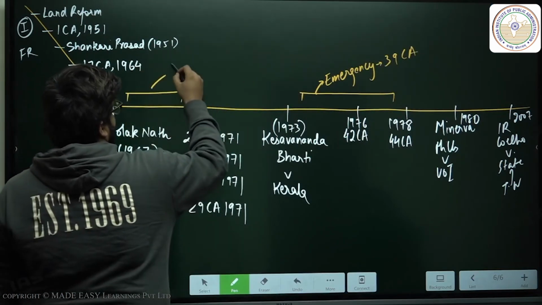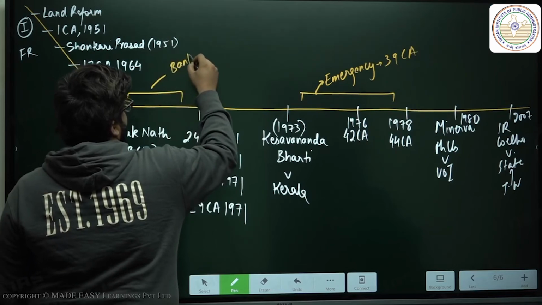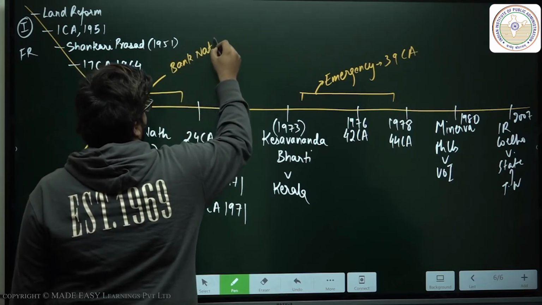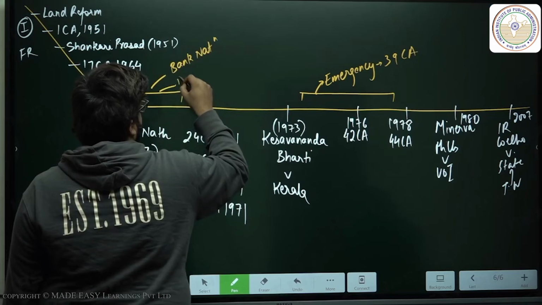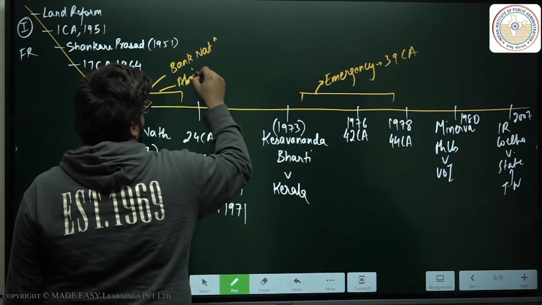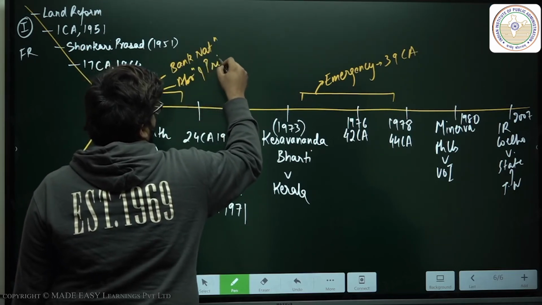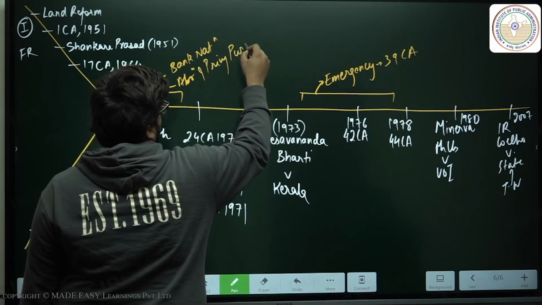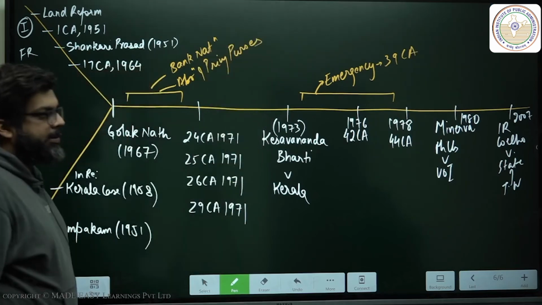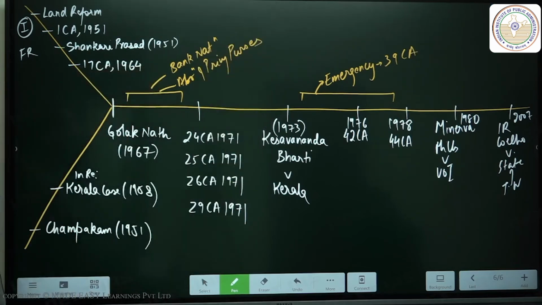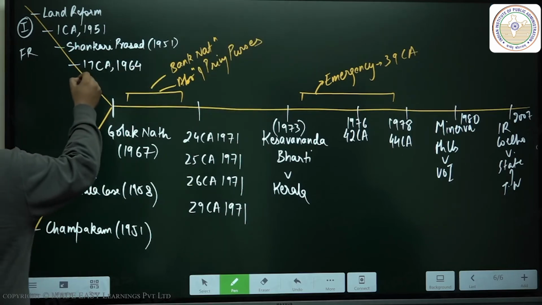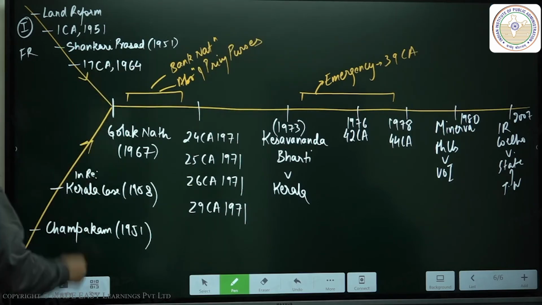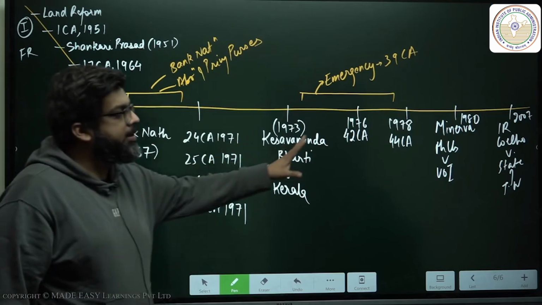Here we had bank nationalization and abolition of privy purses. Now the story is clear. Starting from here, it all merges here.